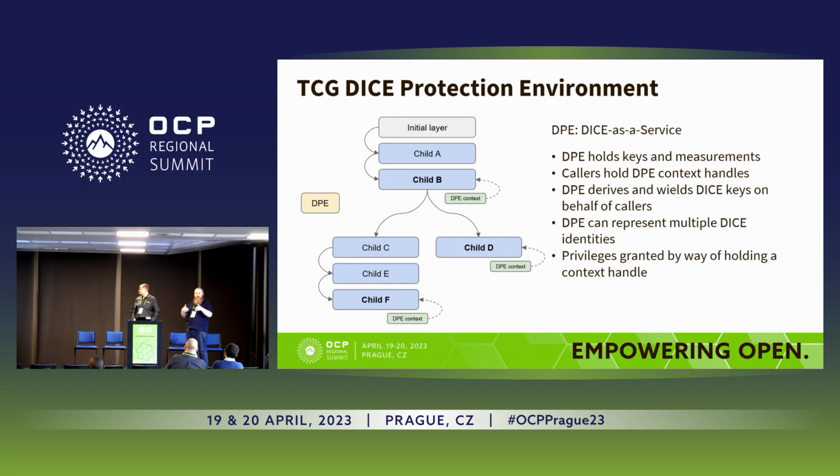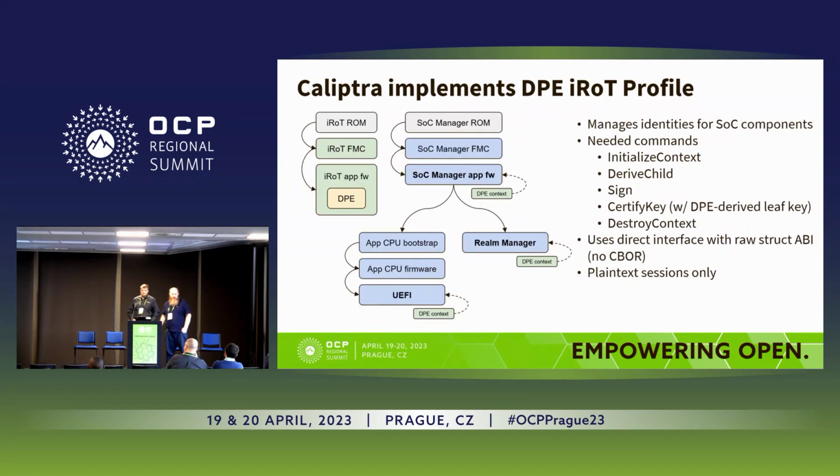Each layer in your boot chain gets its own context that it can then use to request services from the DPE service, which is usually: derive child for the next thing, sign something, for example at an attestation, certify a key, or destroy the context. Like you see, the DPE is the Caliptra IROT, the ROM from it, and the FMC, and then the application firmware that runs the DPE environment itself.